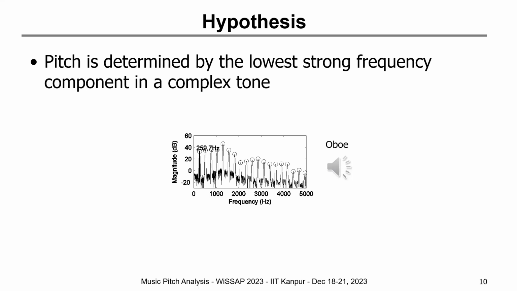And when we listen to the tone, and if you have a sine wave generator that you can change the frequency of, and try to match the pitch of these two sounds, you will see that your matched frequency of the sine wave is very close to this 259.7 hertz. So this hypothesis applies to this example.